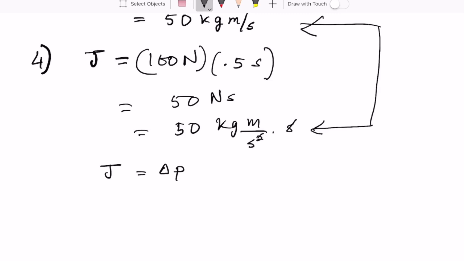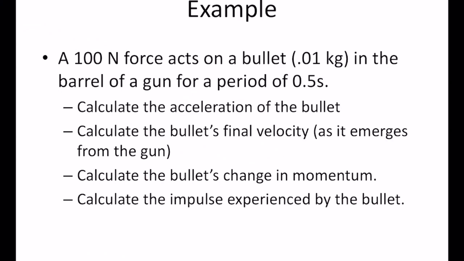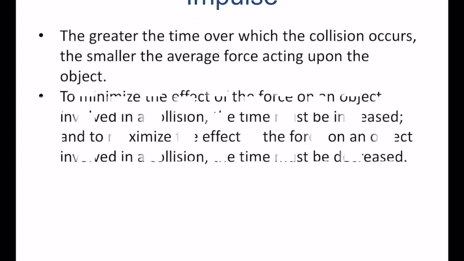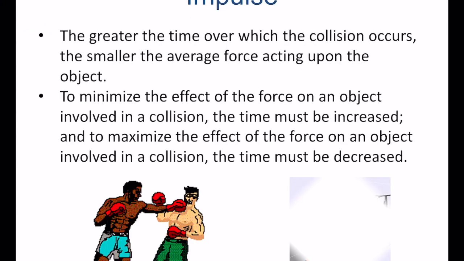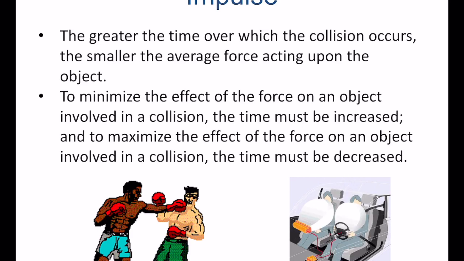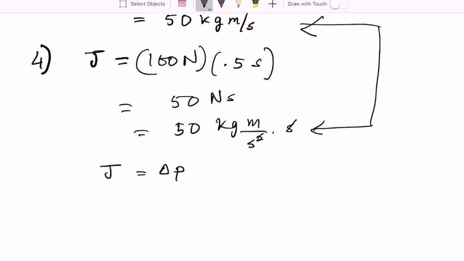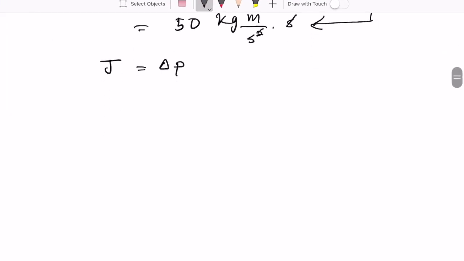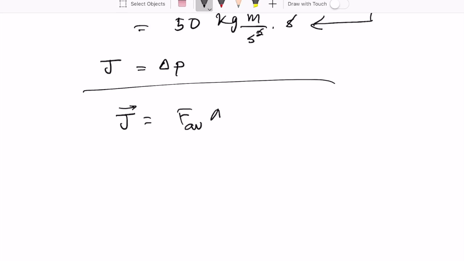All right, so just a quick demonstration of the impulse momentum theorem. Okay, now there are many consequences of this one equation that we just derived. Let me go back to that equation. So the impulse is given by F average times delta t, right?